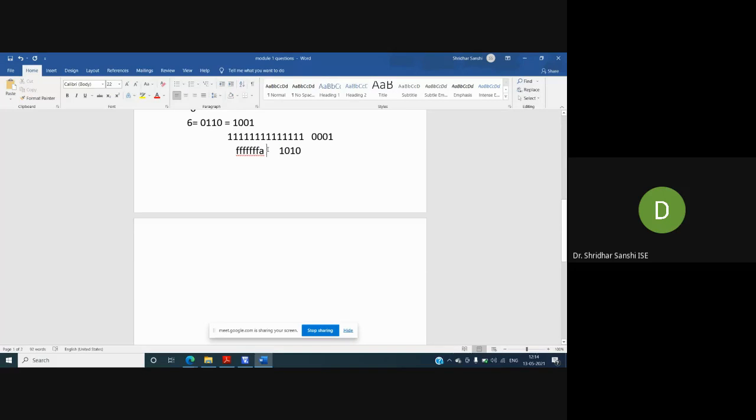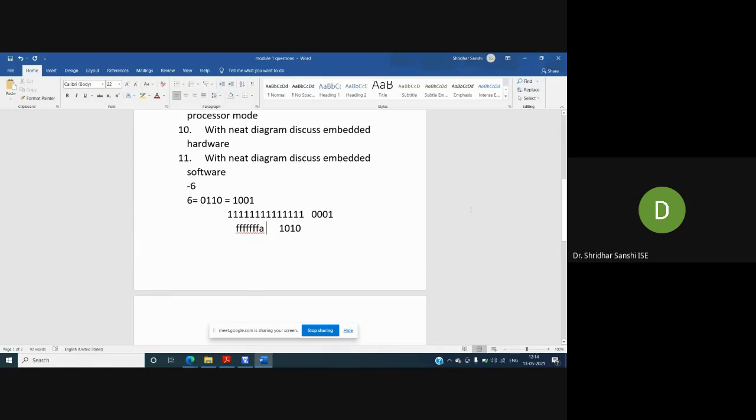Fine, any doubt? If there is a negative decimal value and you need to convert it to hexadecimal, whatever the value is, you take the absolute value. Remove the negative sign, so the absolute value becomes 6. You convert 6 into binary. After converting, it becomes like this.